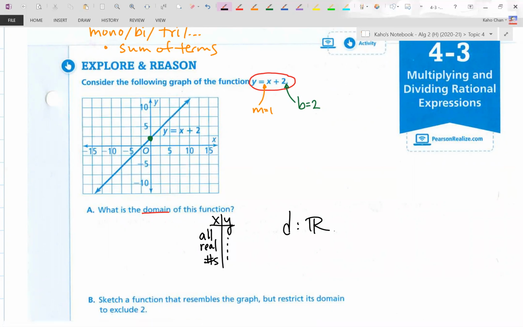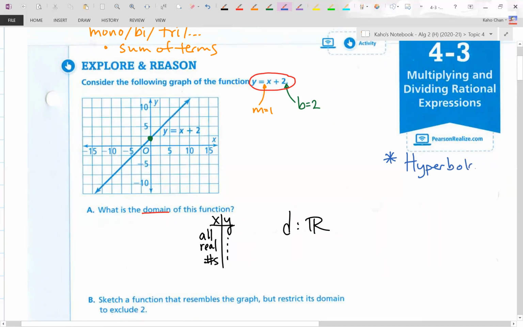All right. Now, before we move on to question B, I want to remind you what we learned about last section. We graphed a new shape called hyperbolas. Hyperbolas have branches that are guided by asymptotes. We have horizontal as well as vertical asymptotes.